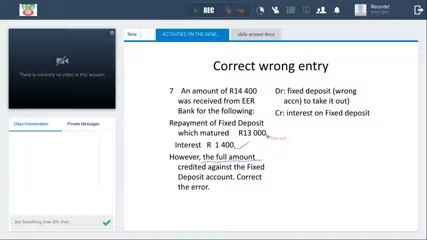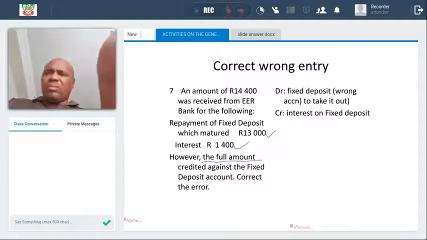So we have to take this interest back out of the fixed deposit. Since the fixed deposit was credited, we have to debit the fixed deposit account. It was not supposed to be there. And then we credit the right account, which is the interest on fixed deposit. So account debited, fixed deposit; account credited, interest on fixed deposit.